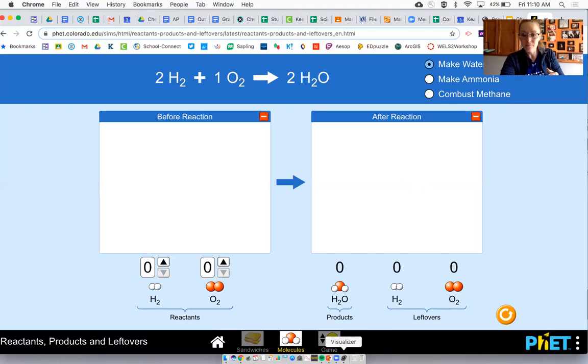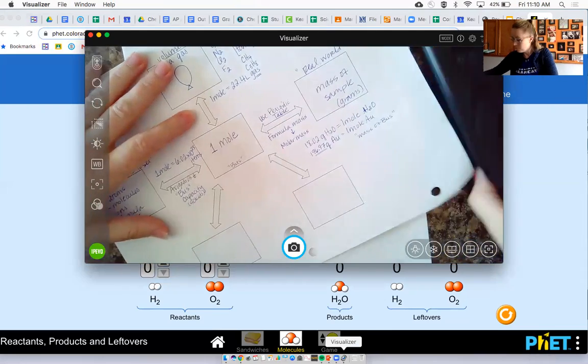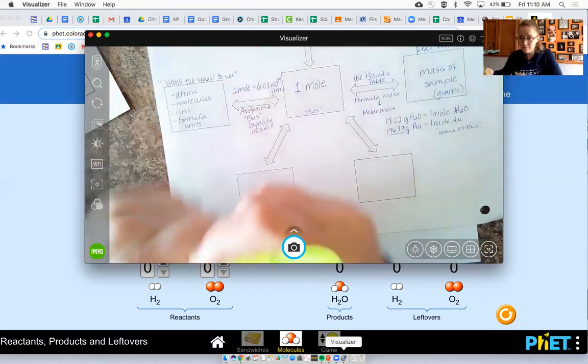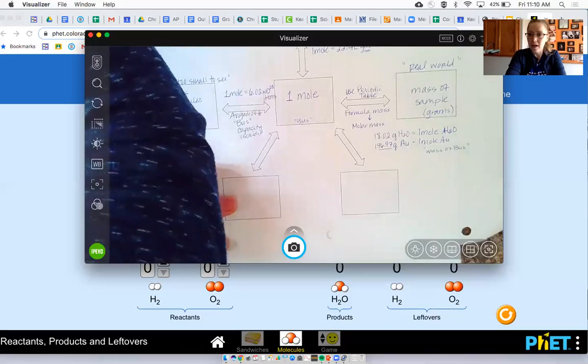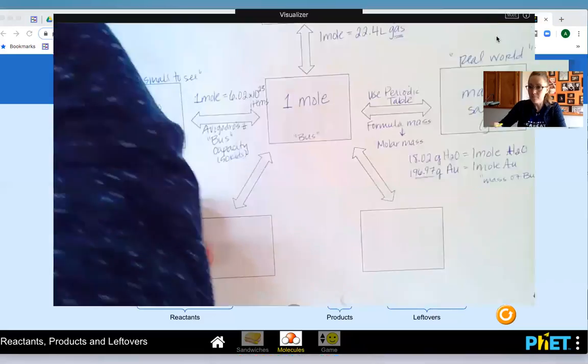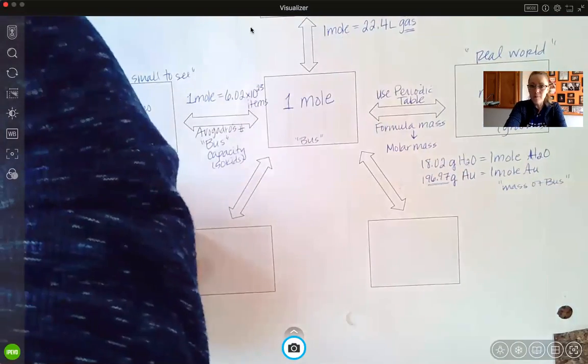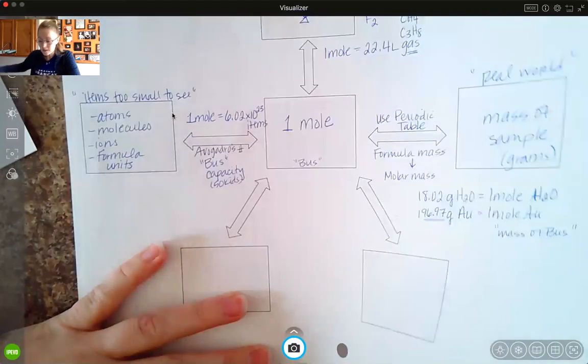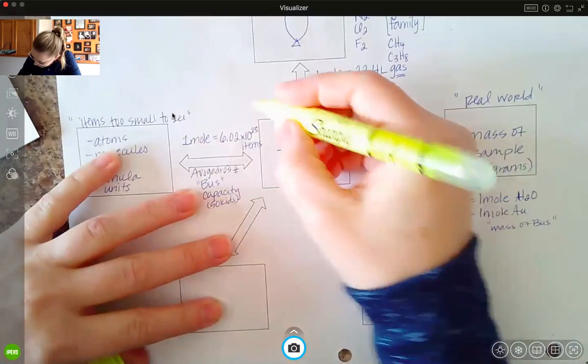All right, to our mole map. So here's my mole map. Here in the center of my mole map, I'll make this big here for you guys. I'll move myself over here. In the center of my mole map is the mole, the universal measuring cup.